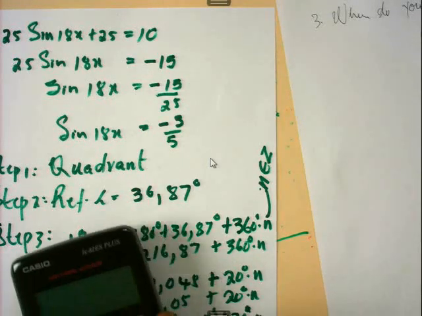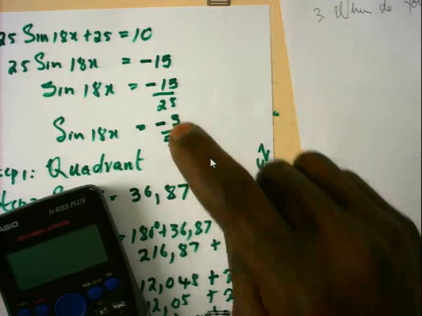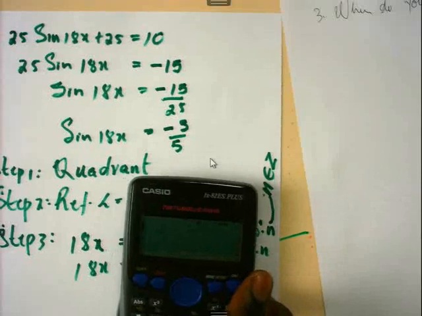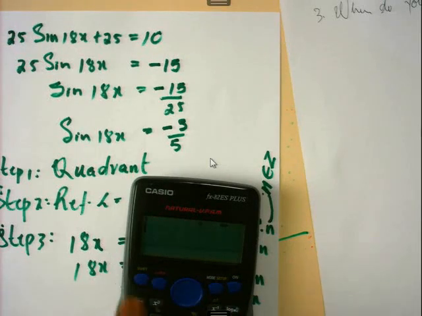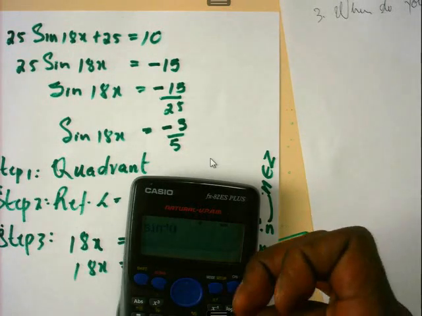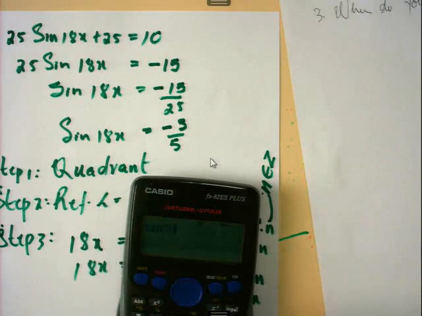So what we need to do is to find the reference angle. To find it, let me switch my calculator on. We press shift, the second function. We are working with sine, so that will be the arcsine. The Casio is so nice to open the bracket for me, and it has the fraction as well.